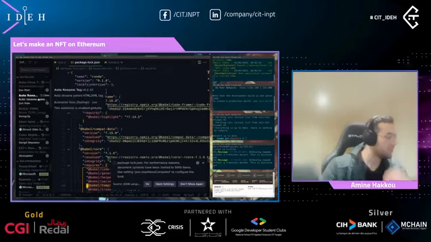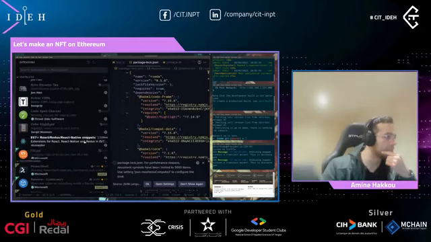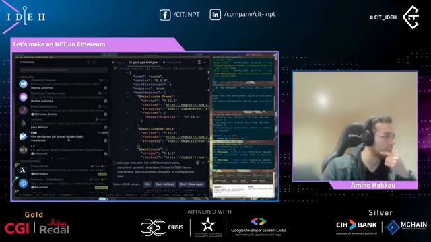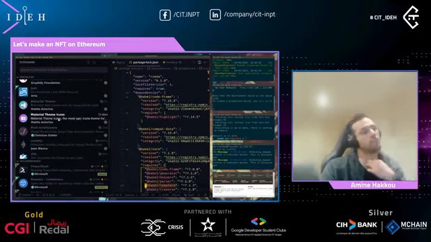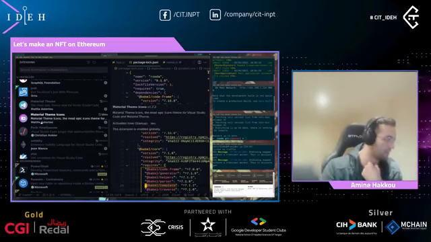Extensions. All right. Material theme and material theme icons.